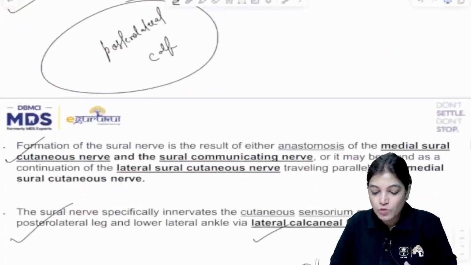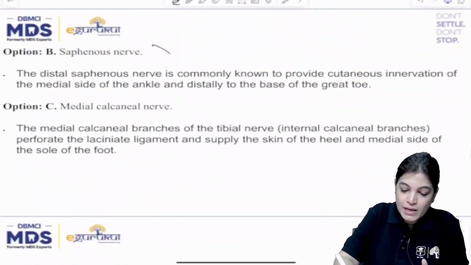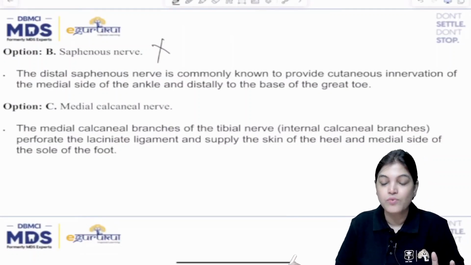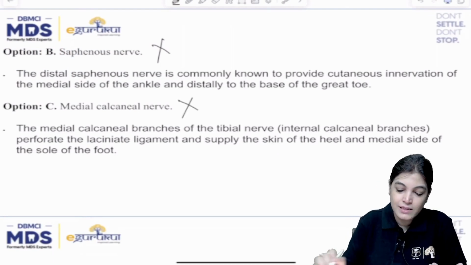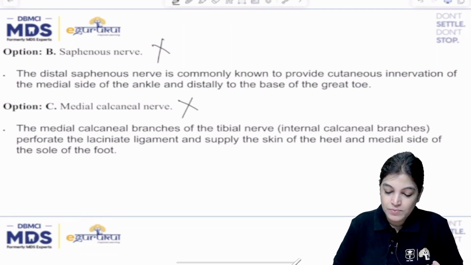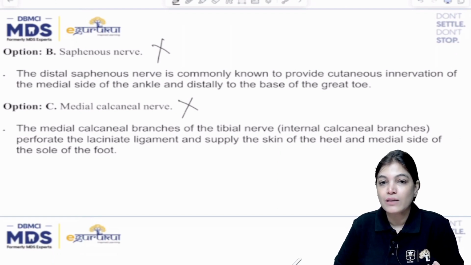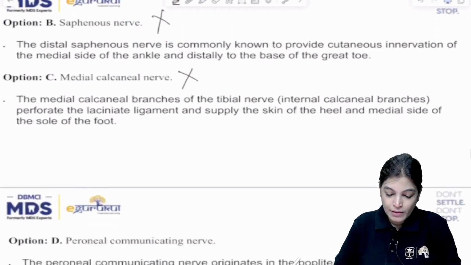Now moving on to the other options, B is saphenous nerve, which is not used for the graft, so generally it is not the right answer. Medial calcaneal nerve is basically giving innervation to the skin of heel and medial side of the sole, so it is also wrong.